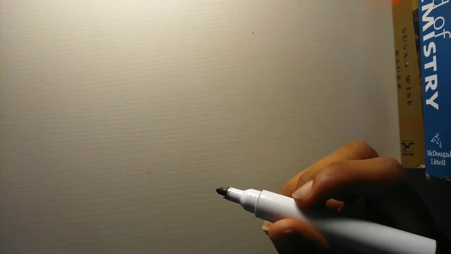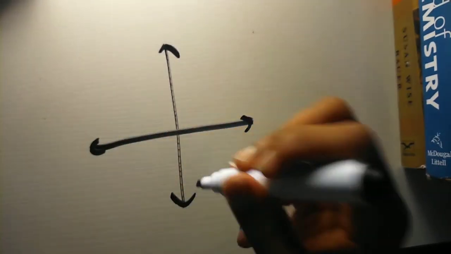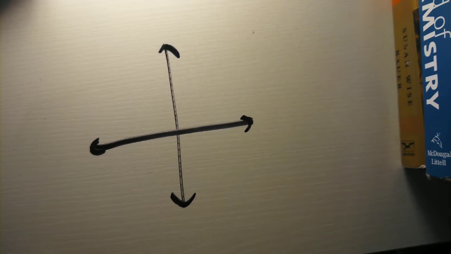Right, when finding the slope of a line that is perpendicular to another line, let's draw the graph really quickly. All right, and we're on the 2D coordinate plane.